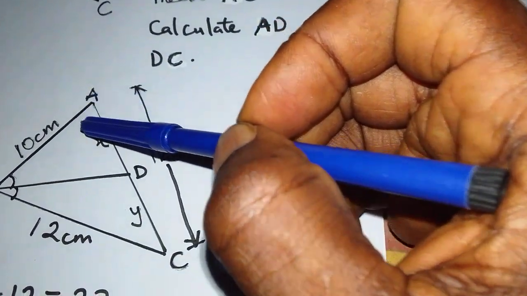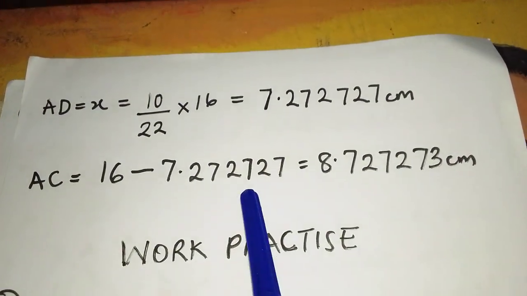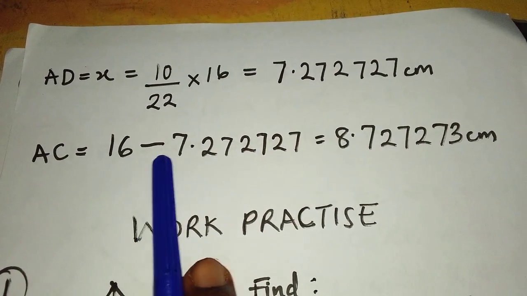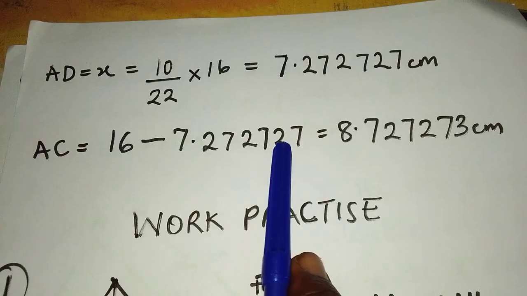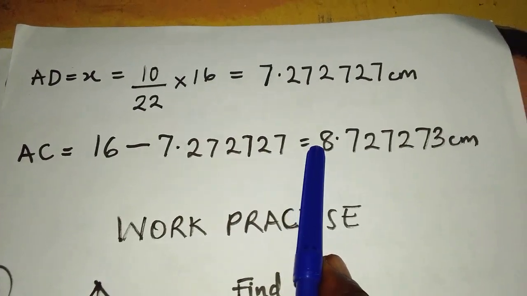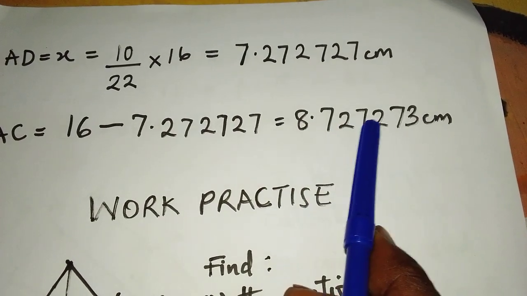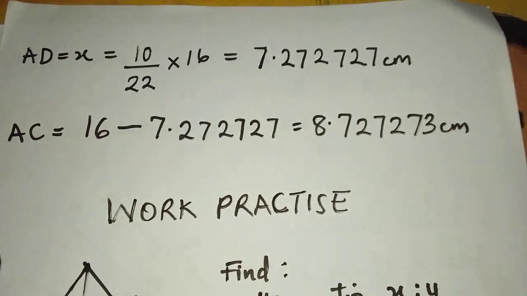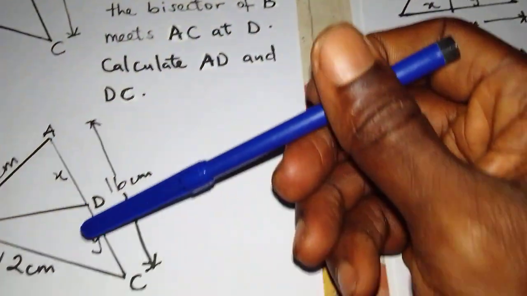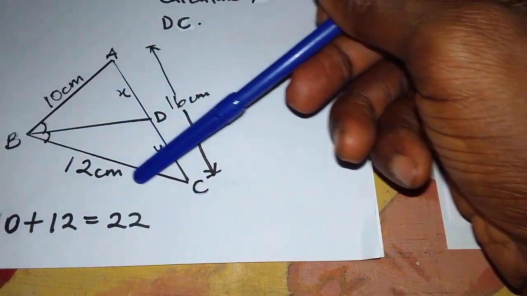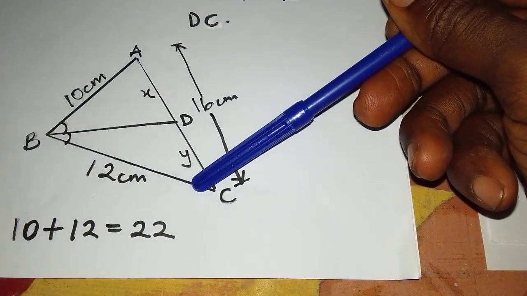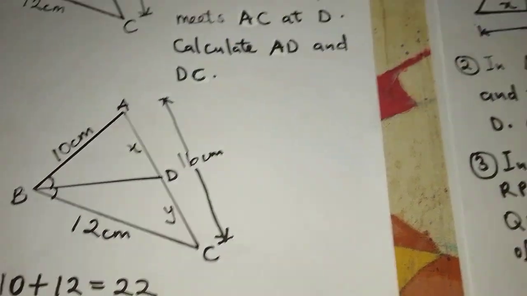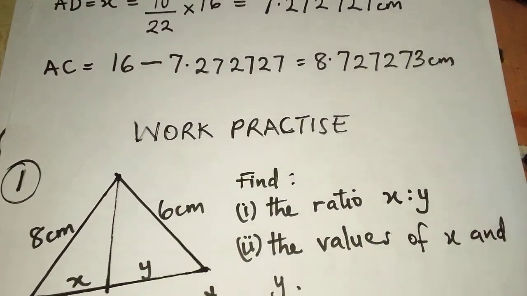So 16 minus 7.272727, which is equal to 8.727273 centimeter. Or you can easily say that the ratio of this side, which is 12, divided by the addition of the ratio, times 16, will give you the same answer.